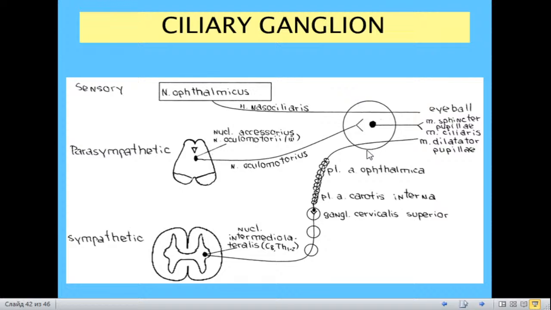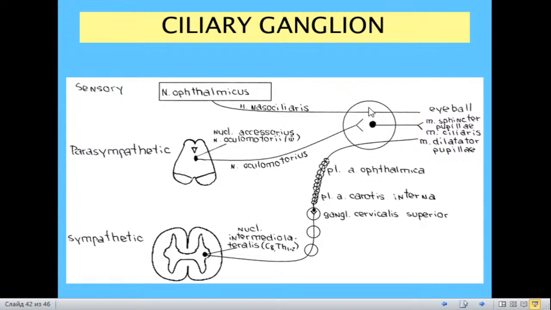As you can see, this ganglion is parasympathetic because parasympathetic fibers interrupt in it. But macroscopically, this ganglion is fused with sensory nerves from trigeminal nerve, and postganglionic sympathetic fibers pass through ganglion.